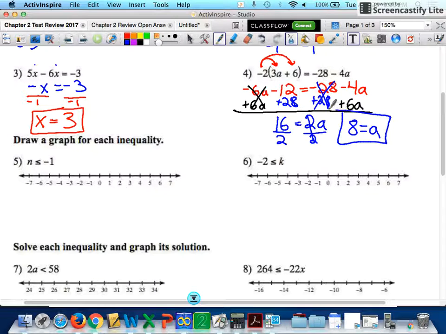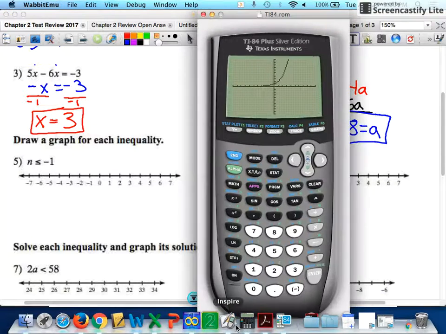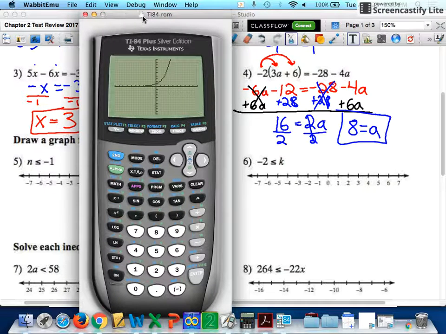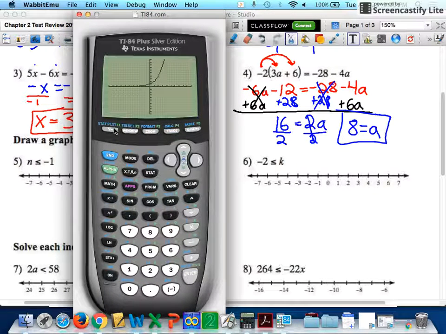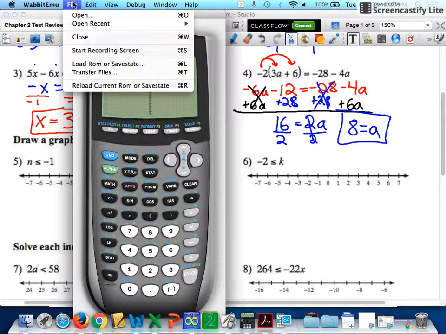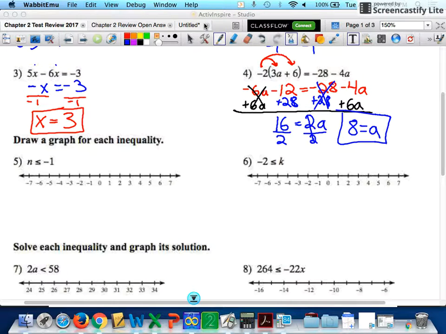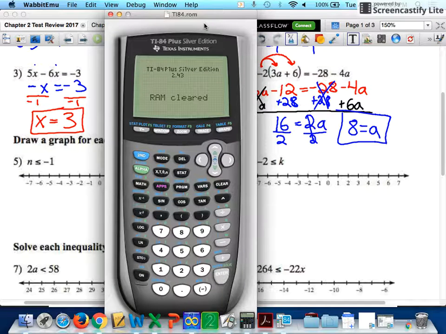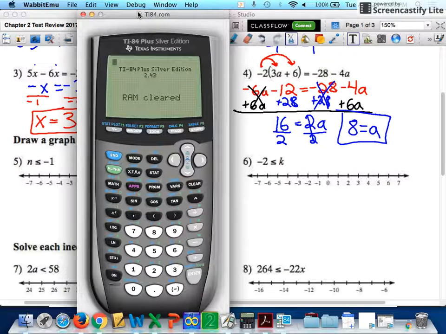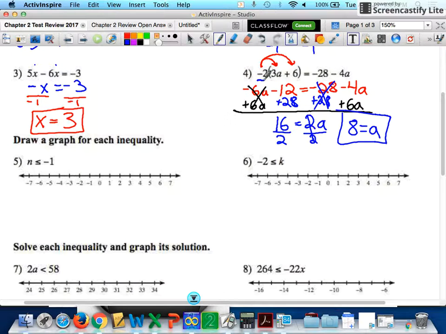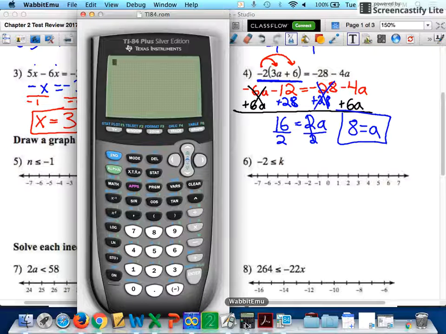And remember, as just a side note, you can check all of these answers, okay? So if I wanted to go into my calculator and check this answer, I'd go back to my start screen, my blank screen. And I can enter in this entire left side of the equation into my calculator, but instead of a, I'll plug in that number 8.